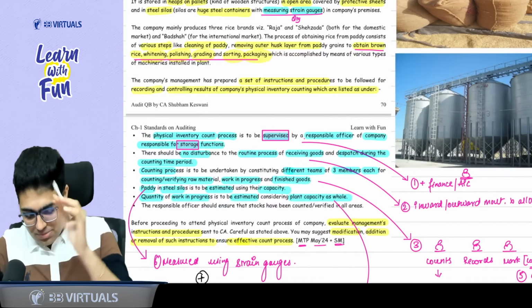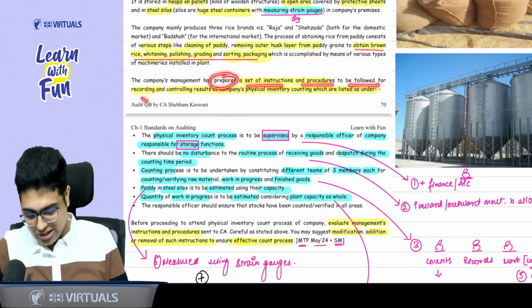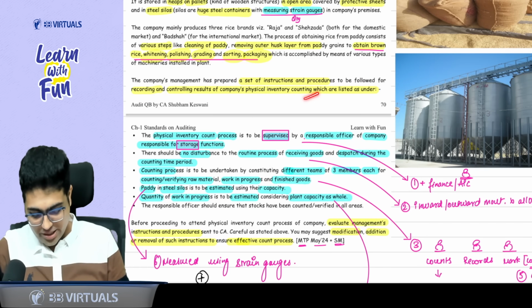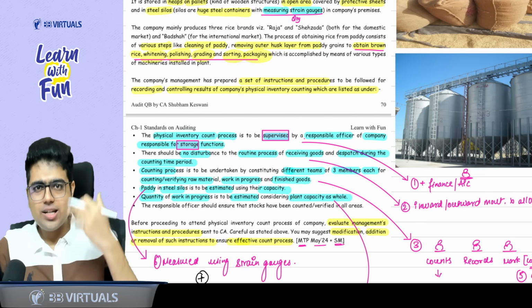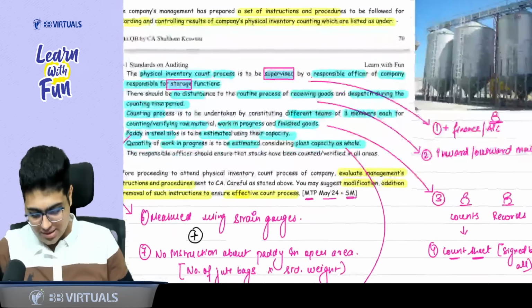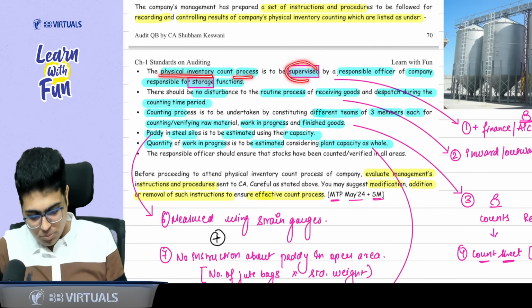Now, sir, the company's management has prepared a set of instructions and procedures to be followed for recording and controlling the results of inventory count. These instructions are written. Now, based on these instructions, you need to find the mistakes and suggest. First point. Physical inventory count process is supervised by a responsible officer of the company responsible for the storage function.